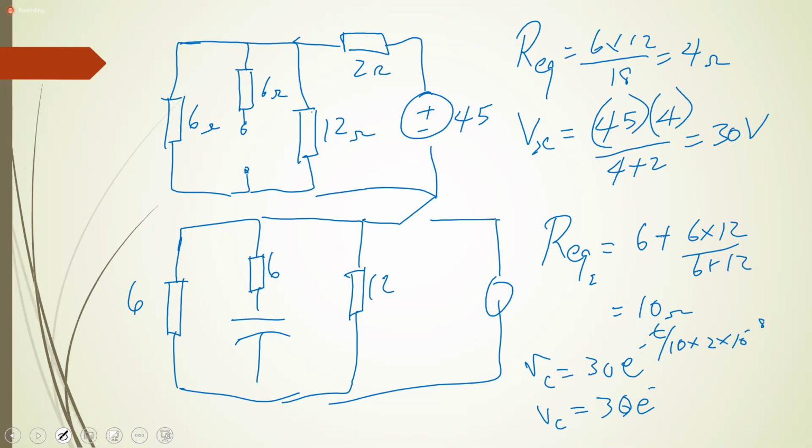So that is 5t times 10 to the 6. If you divide 30 by 10, you get 3. All right, so that's VC.